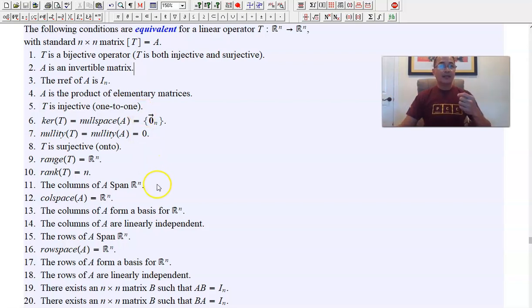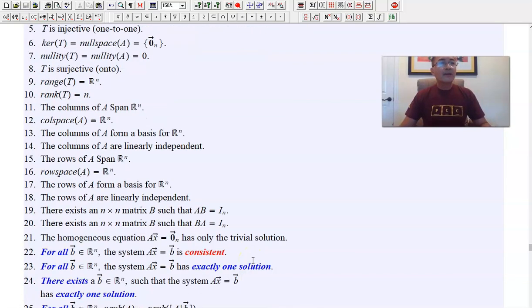We said that if you have a candidate B for the inverse of a matrix, and you check that A times B is the identity, then you also get for free that B times A is also the identity. So 19 and 20 are exactly the 2-for-1 theorems.